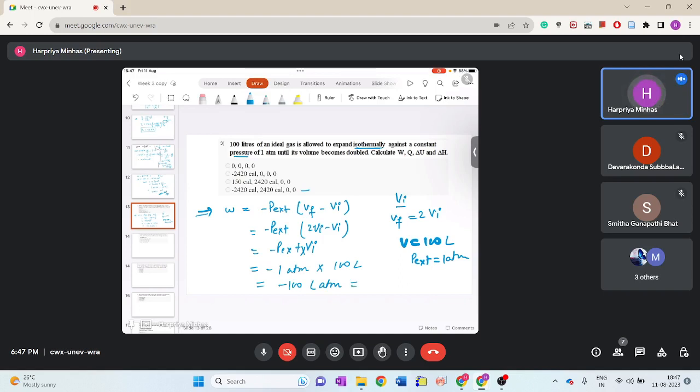So we multiply by the factor 24.2 calories per liter atmosphere.